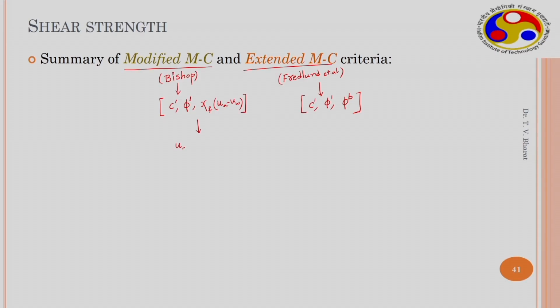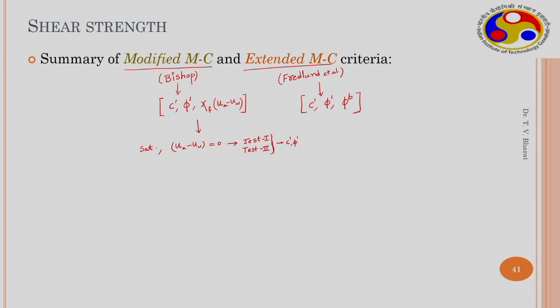For example, in the case of Bishop's model, we require the test data at u a minus u w equal to 0, that is at the fully saturated state. At the fully saturated state, we require a minimum of two sets of data, because from these two test data we can obtain C dash and phi dash.